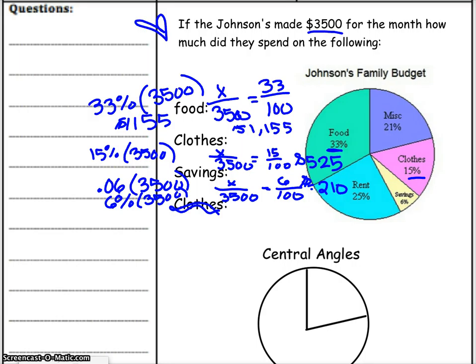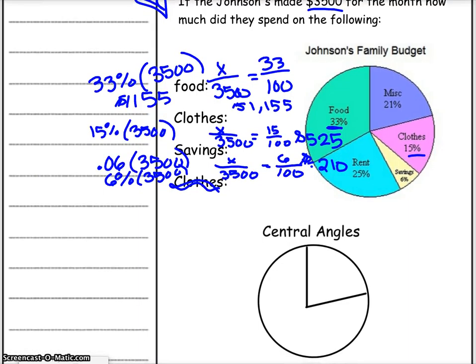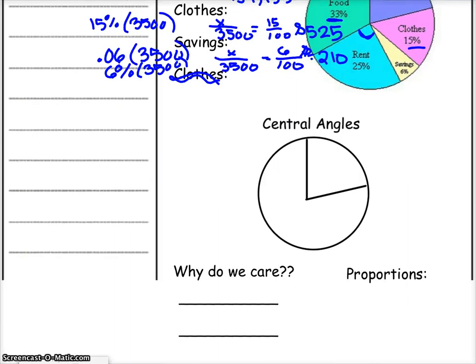Just cross that out. So that is learning target number 1, analyzing central angles. This is a central angle that represents 25% of a circle. The saving sector is a central angle that represents 6% of the circle. So a central angle is part of a circle's degrees.